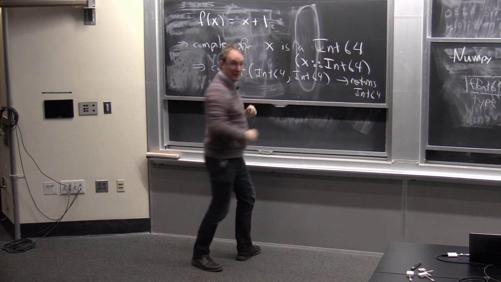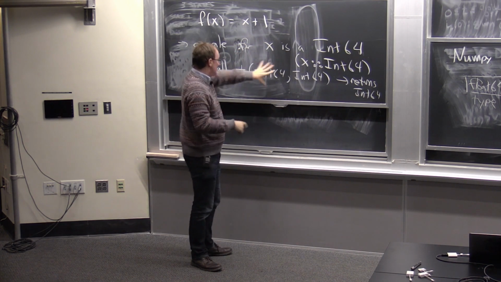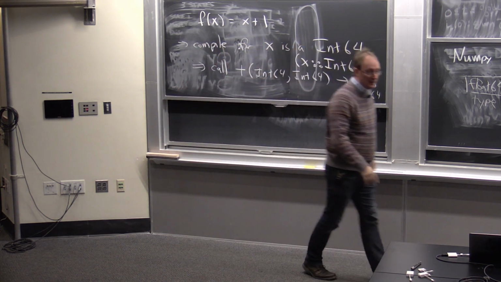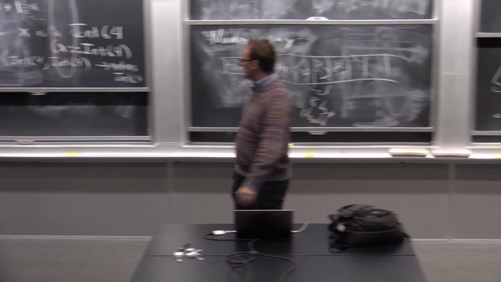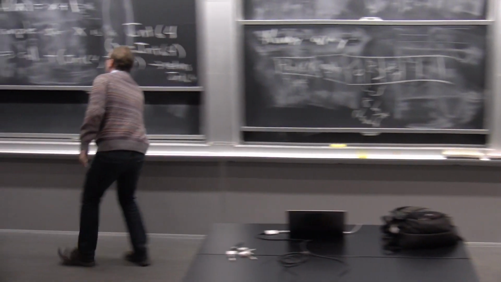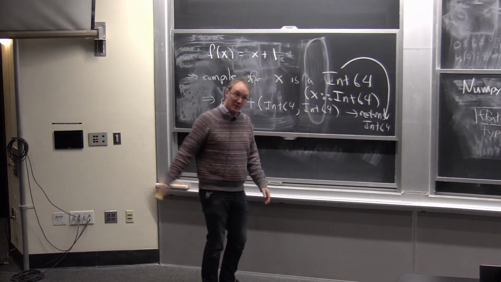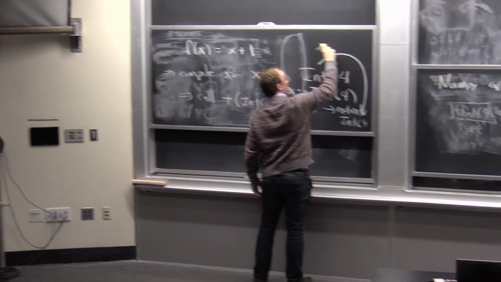So that's the return value for my function. And by the way, this function is so simple that I'm going to inline it. So it's type specializing. And this process of going from x as an integer to figuring out the type of the output is called type inference.